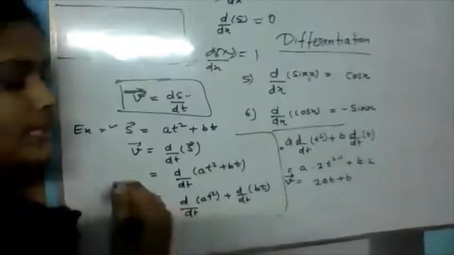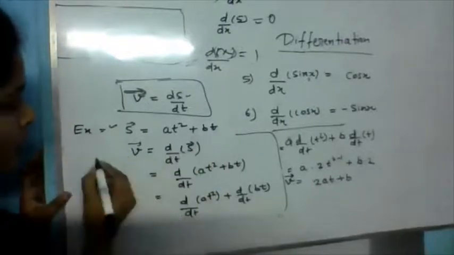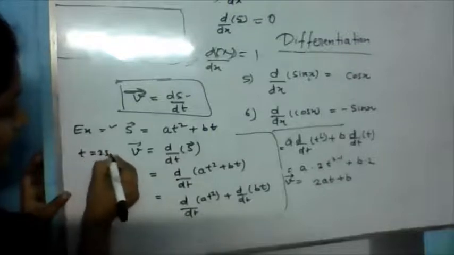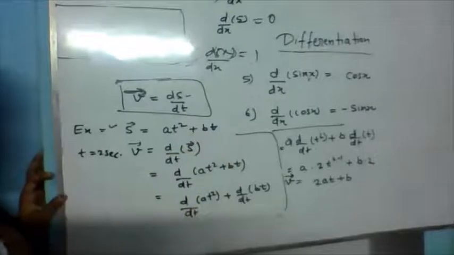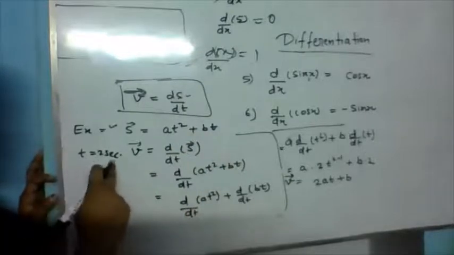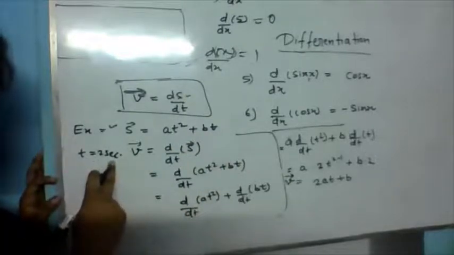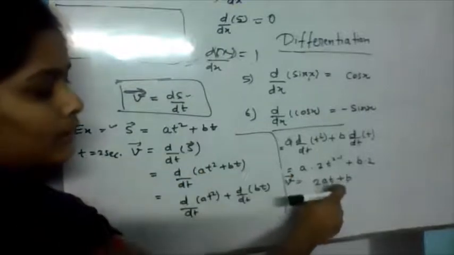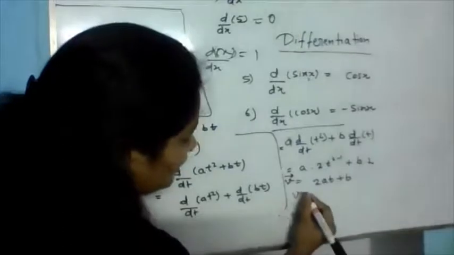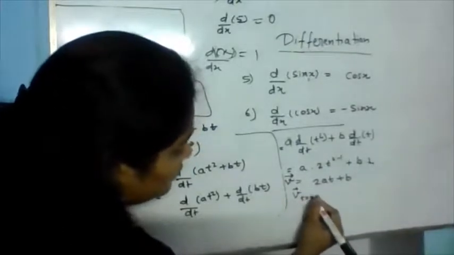Now tell me what is the velocity at t equals to 2 seconds. Okay, this is your position vector and you have to tell me what is the velocity at t equals to 2 seconds. Okay, so velocity is 2at plus b. Now put here velocity at t equals to 2 seconds.